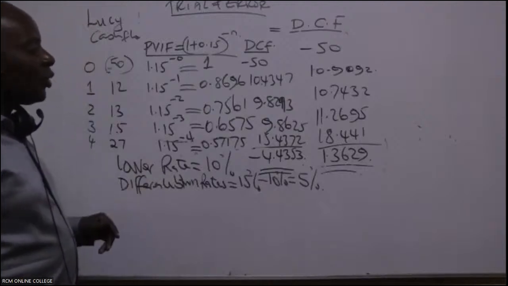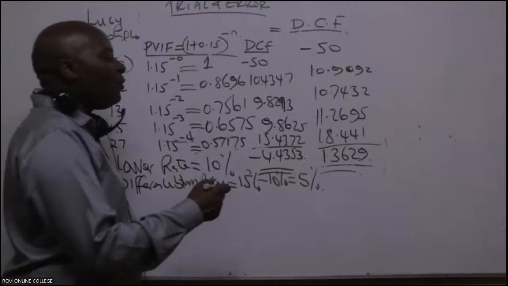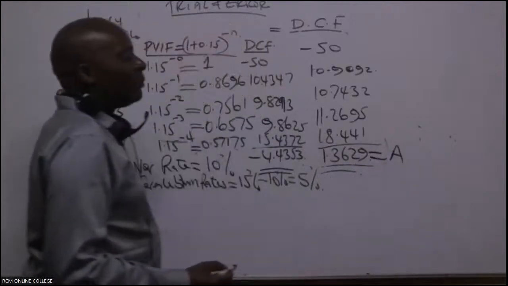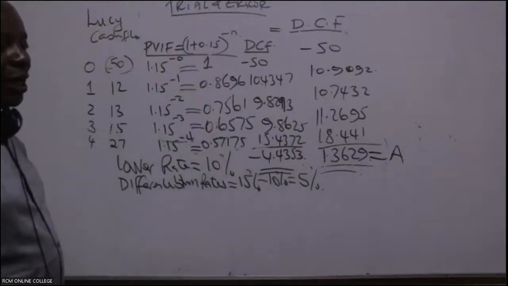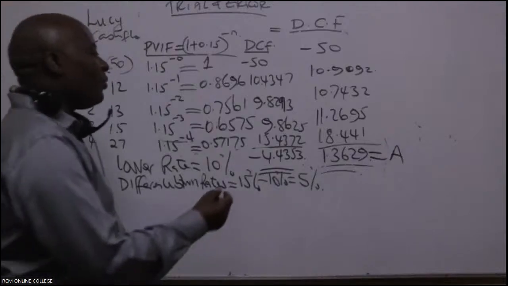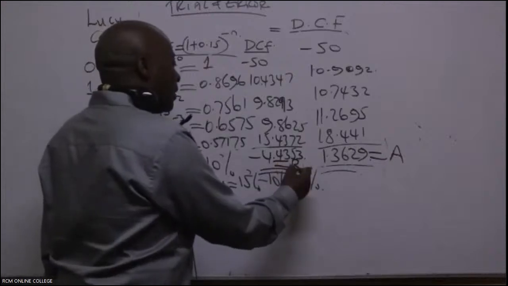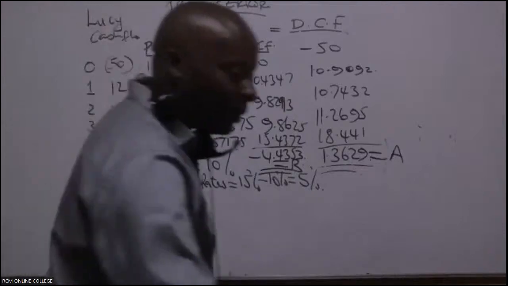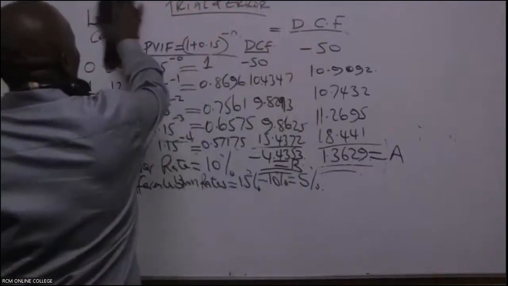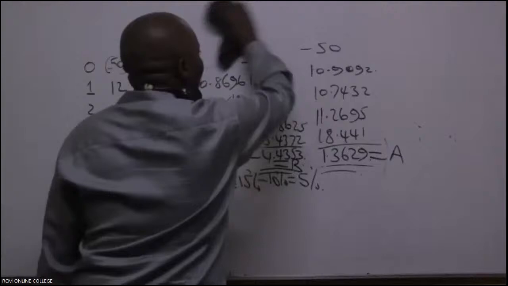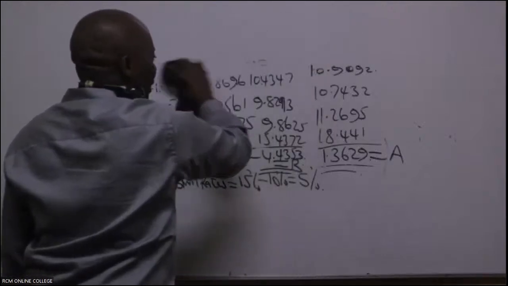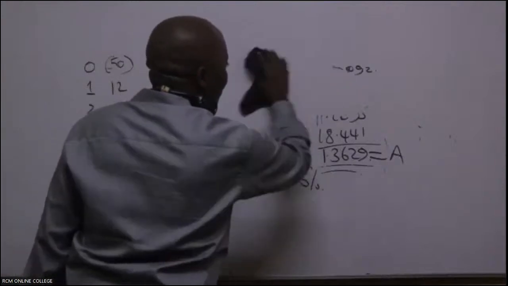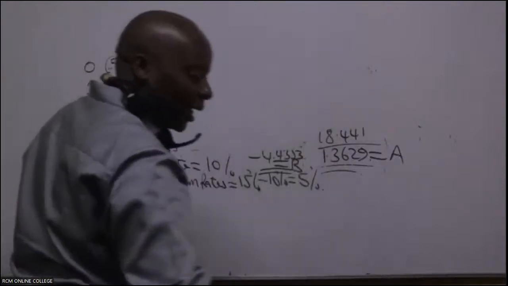Now, the positive NPV is always your R. The negative NPV will be your B. And then now you can comfortably write down the formula.